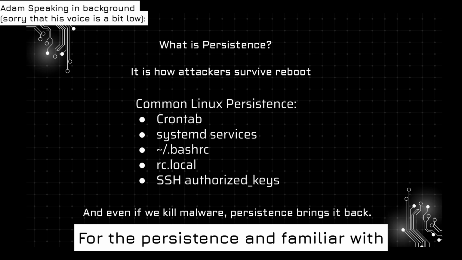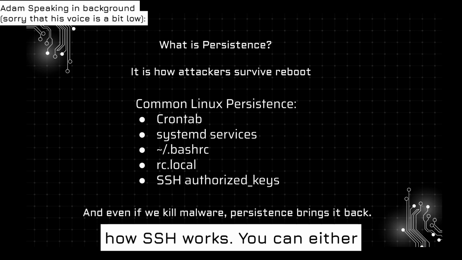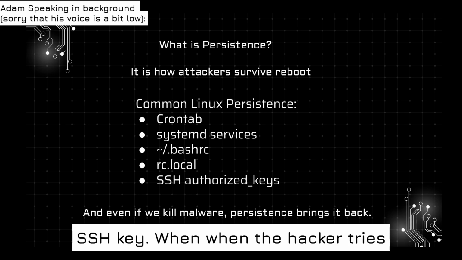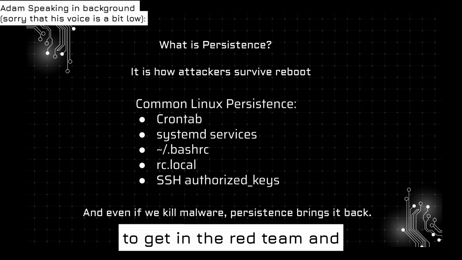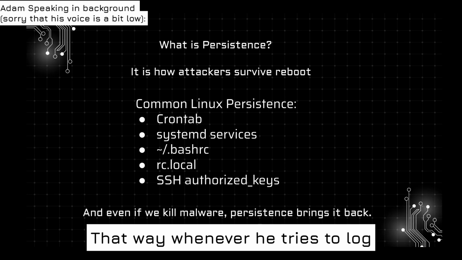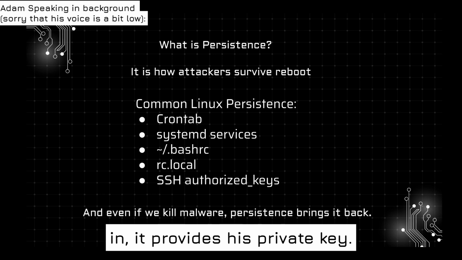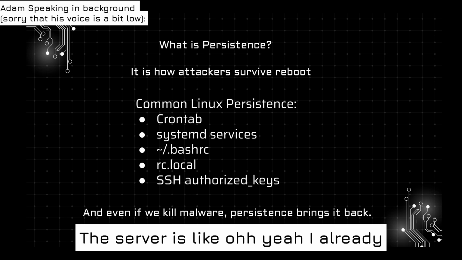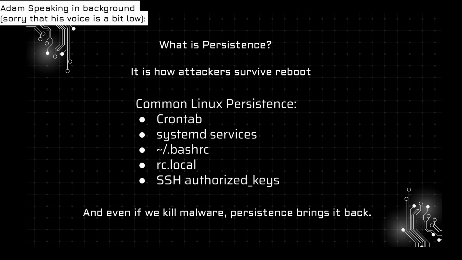If you're familiar with how SSH works, you can authenticate either with a password or with an SSH key. When the red teamer gets in, they can set it up so that the system remembers their public key. That way, whenever they log in, they provide their private key, and the server says, I already know you, and lets them in.